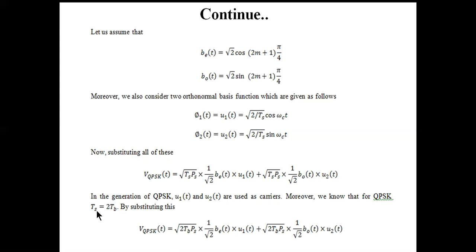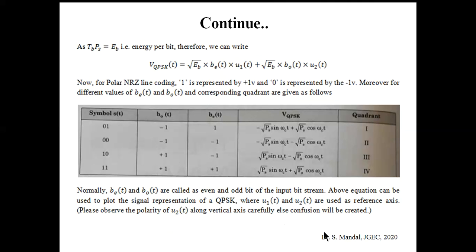By substituting this into the equation, you can write root Tb into Ps, 1 by root 2 b_e(t) into u1(t), plus root Tb into Ps, 1 by root 2 b_o(t) into u2(t). Now, as we know, Tb into Ps equals energy per bit. So obviously you can write root over Eb into b_e(t) into u1(t) plus root over Eb into b_o(t) into u2(t).